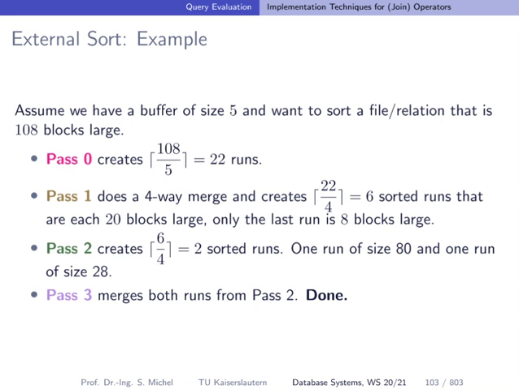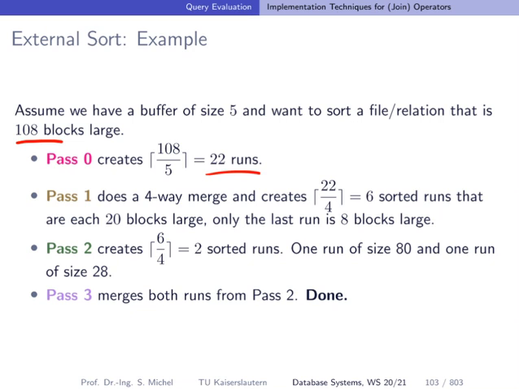So, an example with numbers. We have a buffer of size 5, and we have a file that we want to sort, and this is 108 blocks large. So in the first initial sorting with these parameters, we end up with 22 runs, right?